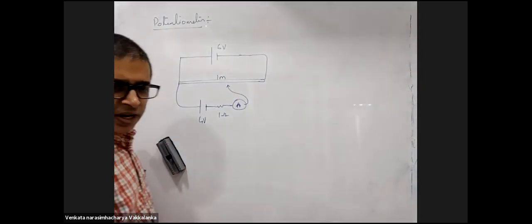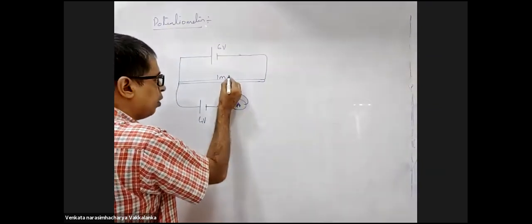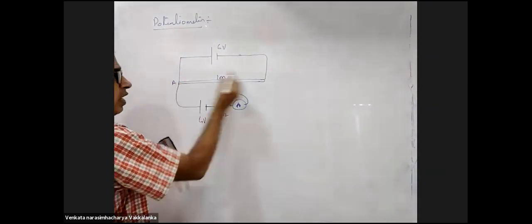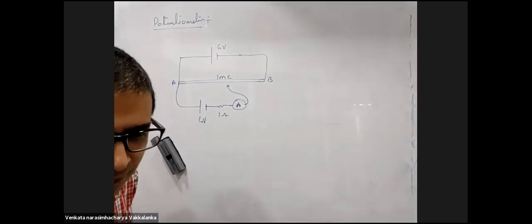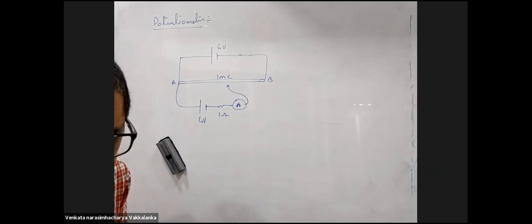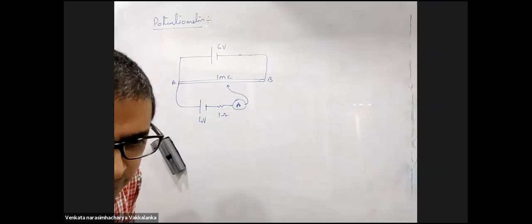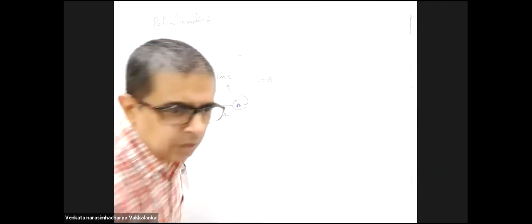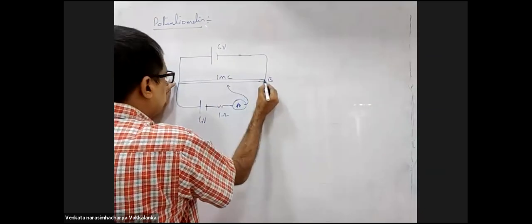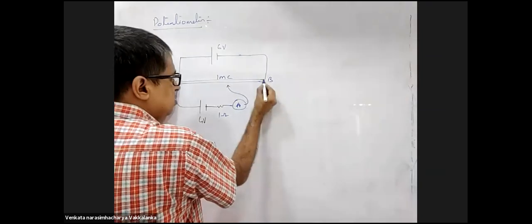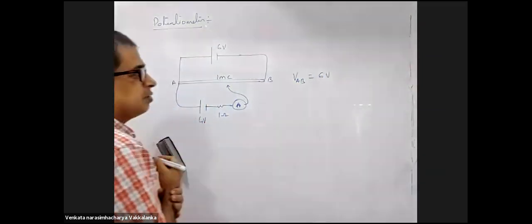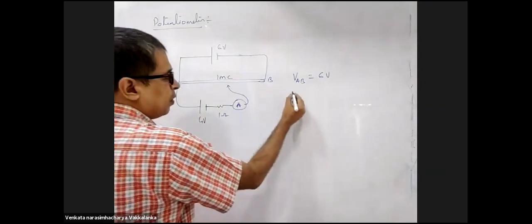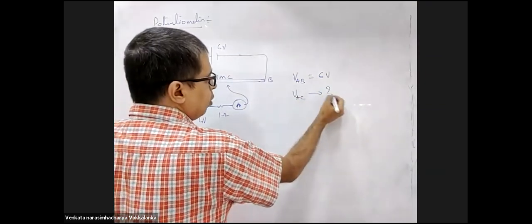The ammeter shows no deflection when the jockey touches the wire at the point C. This is A, this is B. Now listen. All of the 6 volts will appear across this. He did not give you any resistance for this. So potential difference across AB is how much? 6 volts. I want potential difference across AC, how much?